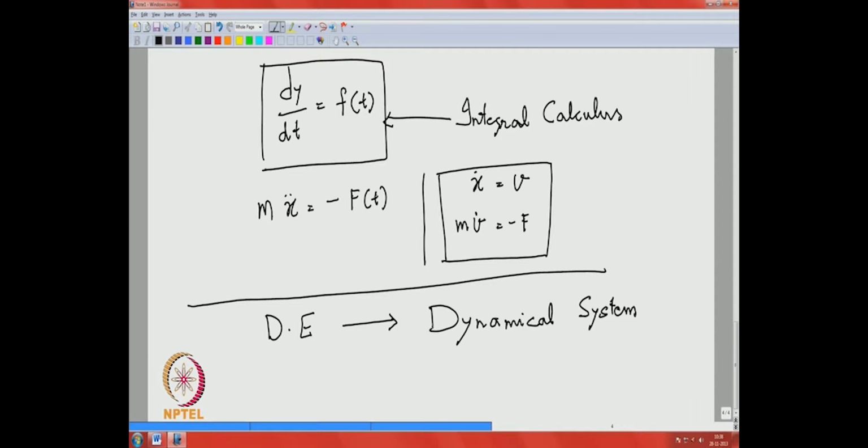The dynamical system point of view gives a better feeling about your differential equations, and you are going to see plenty of examples throughout this course. Again, t is your independent variable and y is your dependent variable. So given time t, you will see your solution y(t), which is the trajectory.